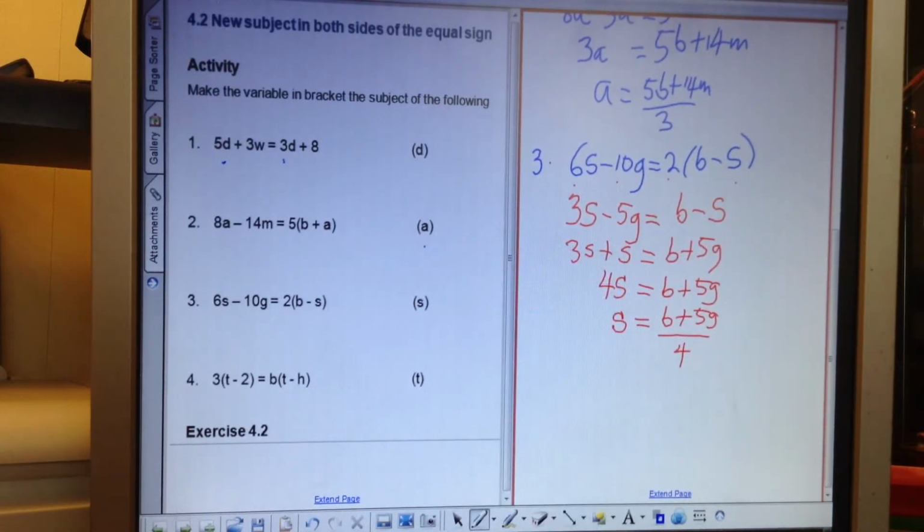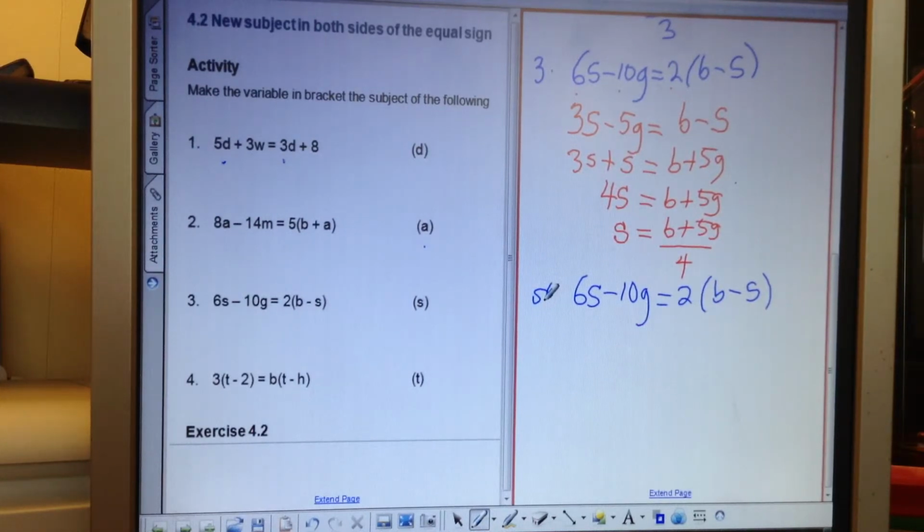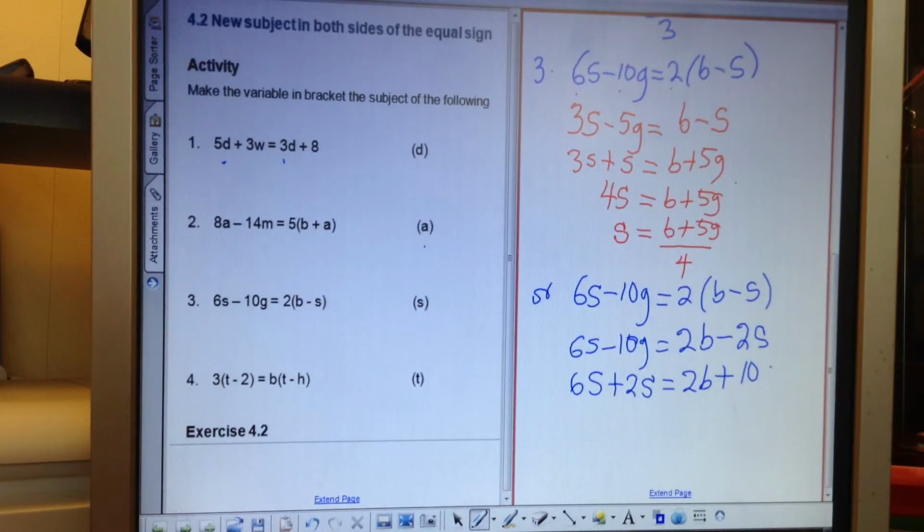Method 2, I have 6S minus 10G equals 2 into B minus S. Now this is a longer method. I prefer the first method. Let's see how it goes. You keep this as it is, 6S minus 10G, then expand over here to give you 2B minus 2S. Grouping like terms, you're going to get 6S add 2S equals 2B add 10G.